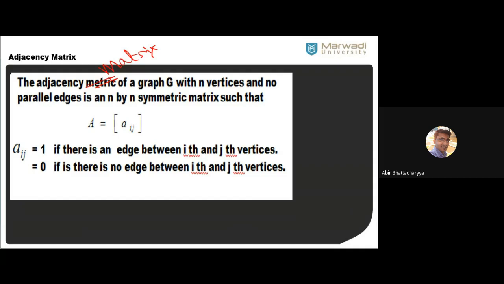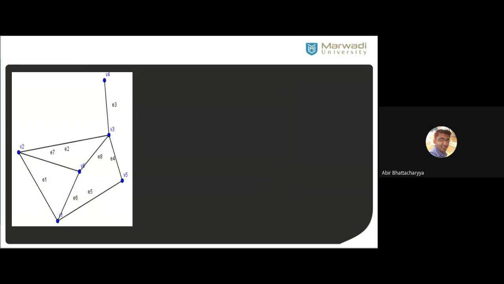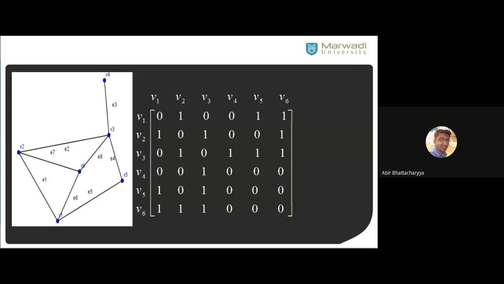Let's go for an example. This is a graph. If I ask you to draw the adjacency matrix of this graph, what would it be? Let's do it without hesitation. First thing first, how many vertices are there? 6 vertices, which means the matrix would be 6 cross 6: 6 rows, 6 columns.